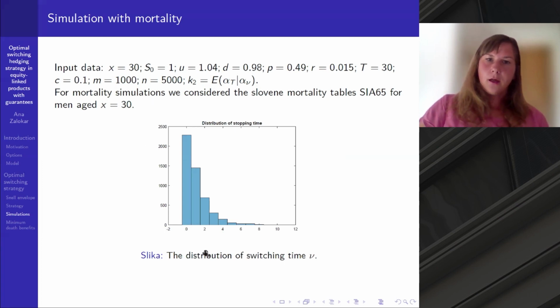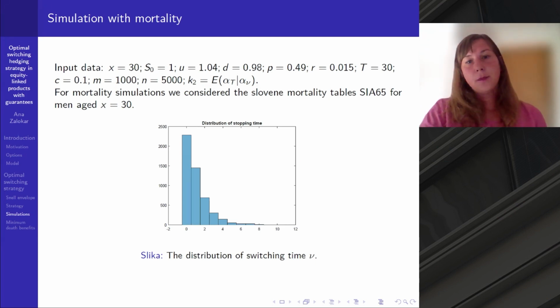Here in this graph is the answer to the first question, which was: does there exist a stopping time that is not 0, so that it is better to wait? You can see here that the answer is yes.